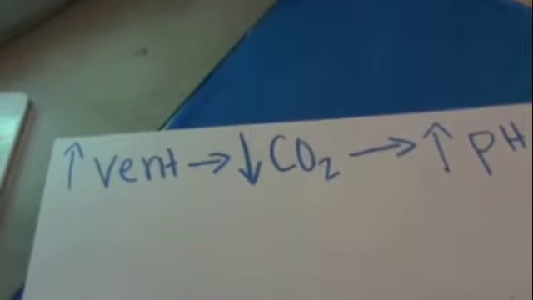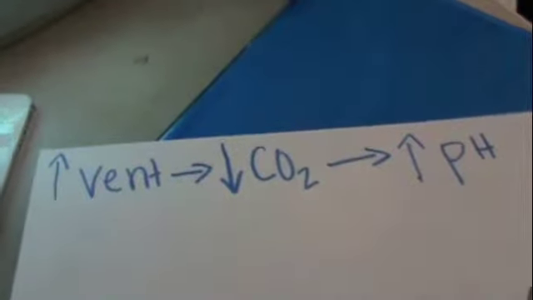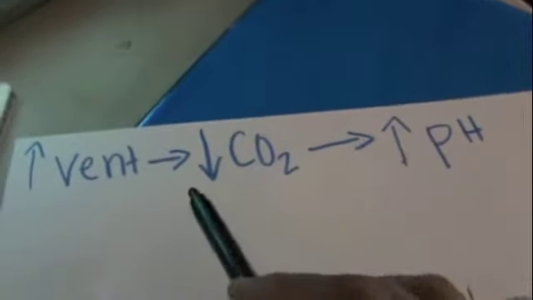Okay, and an easy way to figure this out is, when you figure out what will happen and how the body will react to it, they might also ask, is this an acidosis or alkalosis problem, or metabolic alkalosis or metabolic acidosis. An easy way to figure this out is to look at the CO2 and the pH, where they are pointing.